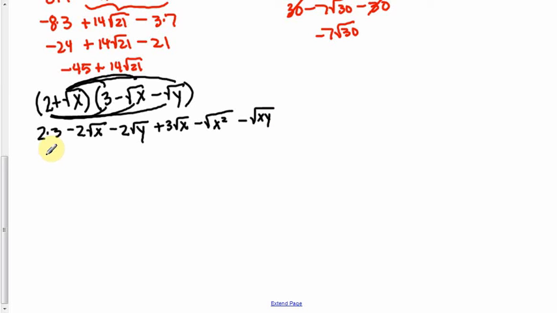So we're going to come through and simplify. I get 6. Negative 2 root x and plus 3 root x is plus 1 square root of x. If you want to mark them off as you do them, there's nothing wrong with that, so you don't get lost in the problem. This one does not have a like term.